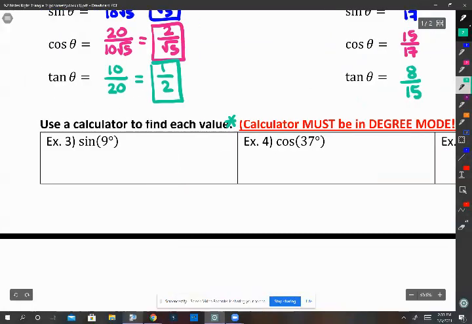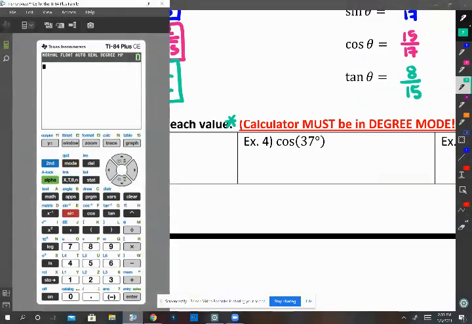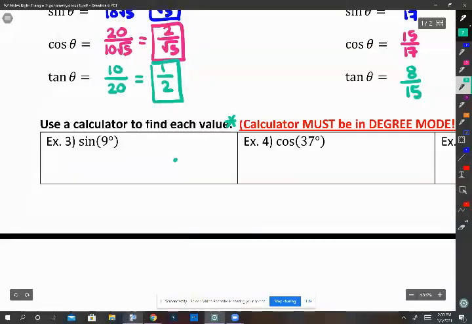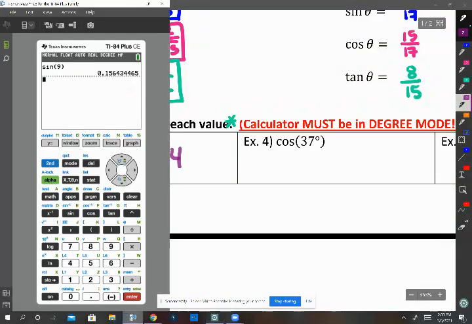So when I look at sine of 9, I just put in sine of 9, close my parentheses, and I get 0.1564. And you're going to just do 4 place values. So this is going to give us 0.1564. If I do cosine of 37, same thing.